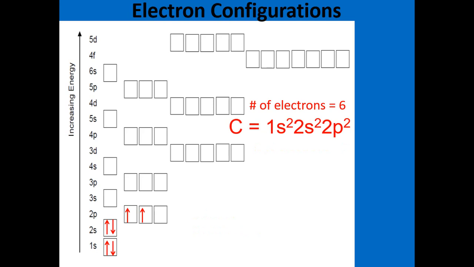Carbon, we filled the 2p sublevel and the 2s sublevel. They have the same coefficient, so that means both sublevels are your valence shell. So the 2s and the 2p is your valence shell.